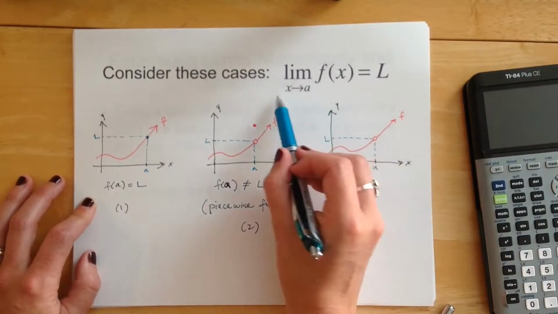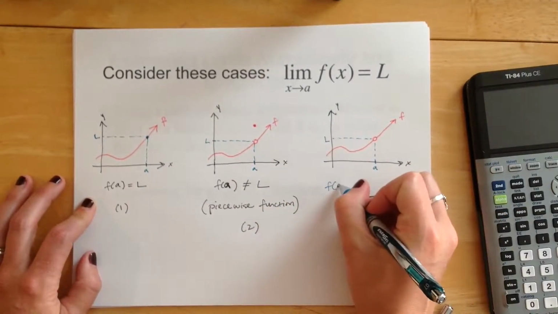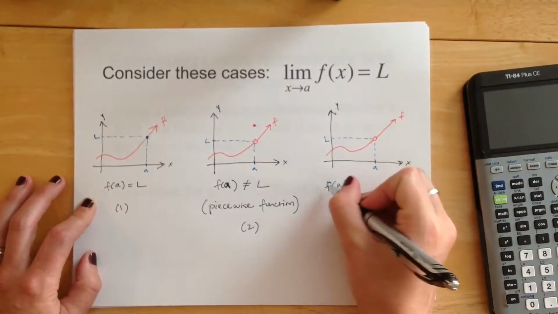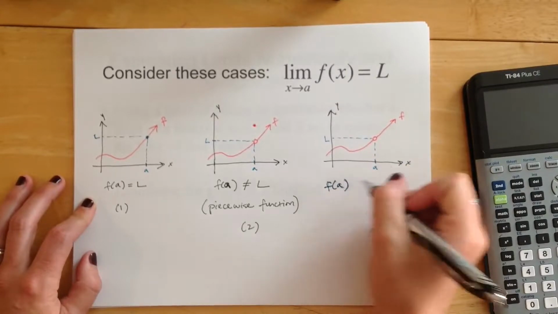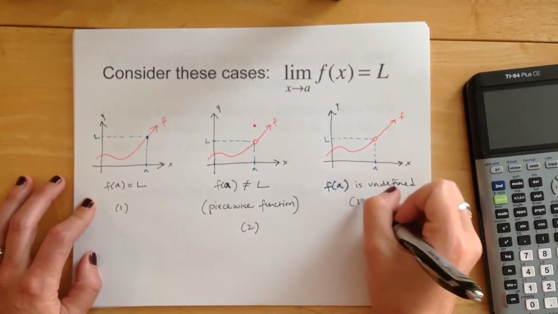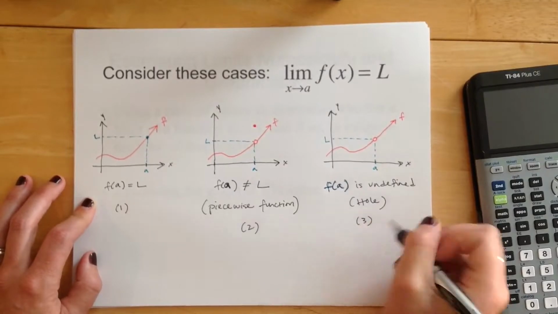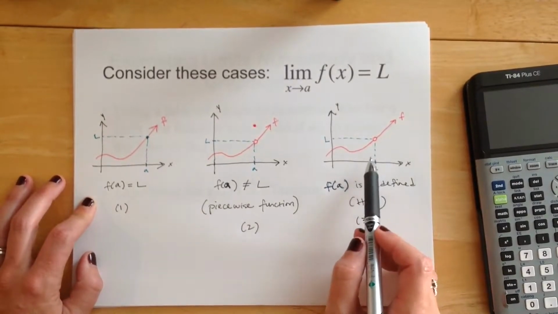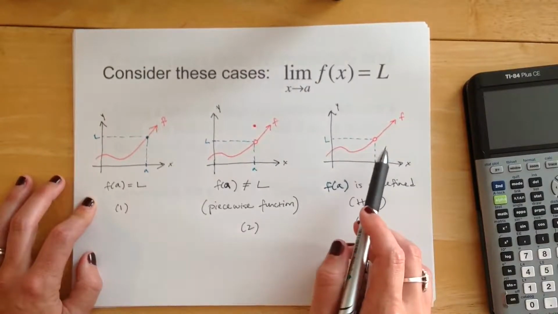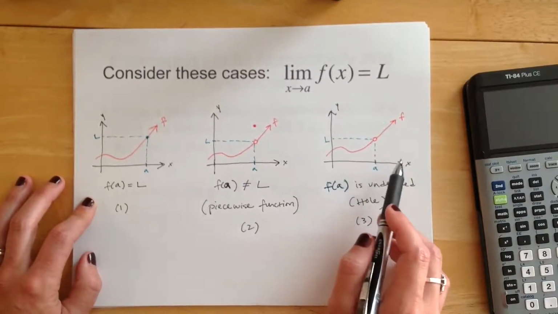The limit of the function as x approaches a is still equal to L, but f of a is undefined. So there's a hole. That's our third case. This can happen with a rational function. It could happen with a piecewise function too, but it could happen with a rational function where we have a common factor in the numerator and denominator that would cancel, causing a hole.